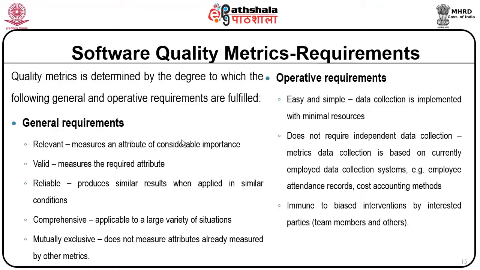General requirements: relevant, measures an attribute of considerable importance; valid, measures the required attribute; reliable, produces similar results when applied in similar conditions; comprehensive, applicable to a large variety of situations; mutually exclusive, does not measure attributes already measured by other metrics. Operative requirements: easy and simple.